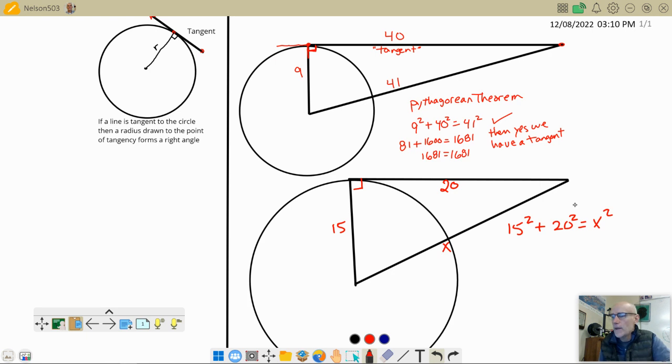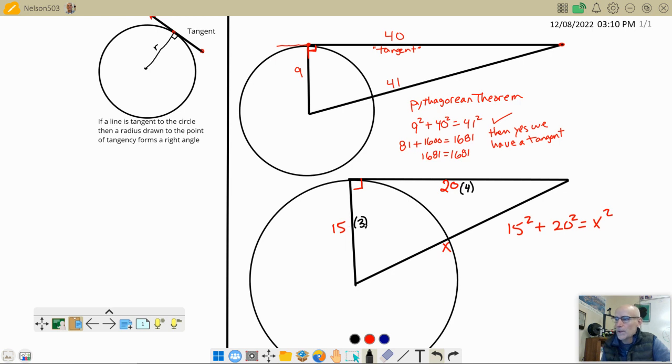Now I want to show you something. If you consider yourself super advanced, I want you to try the advanced technique. I'm going to divide this guy by 5, and I'm going to put down 3. And I'm going to divide this guy by 5, and I'm going to put down 4, because both of them are divisible by 5, right?